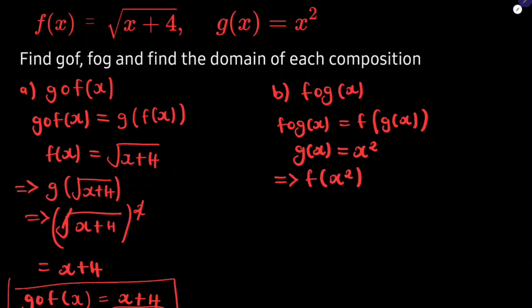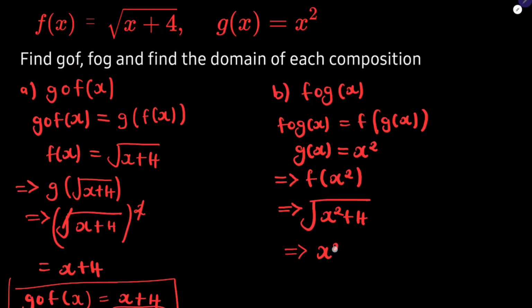Now let's substitute x squared in our f of x function. So you have the square root of x squared plus 4. So that is it. Here again, this is x squared plus 4 under the square root.